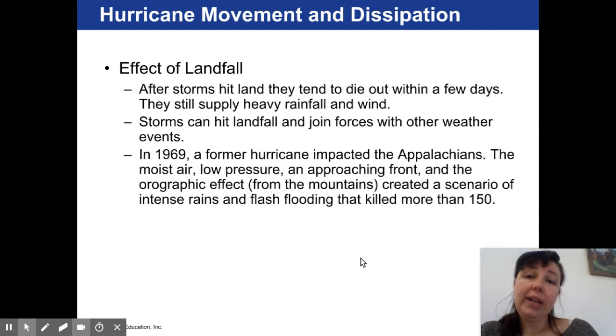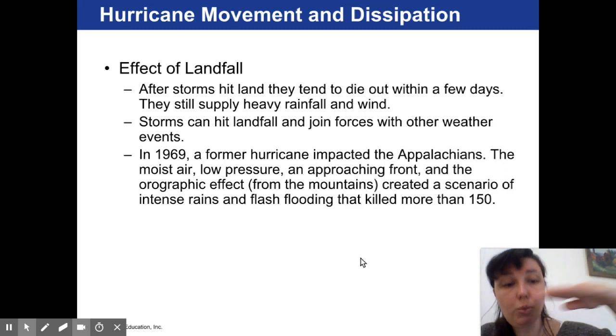As far as once a tropical storm or a cyclone makes landfall, we consider it the end of the storm. Once it hits landfall, we expect the storm to die out. That's because what's feeding the engine, the fuel for the engine, is the warm surface water of the ocean.